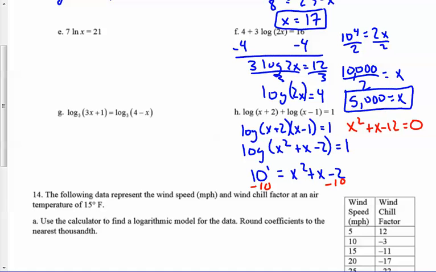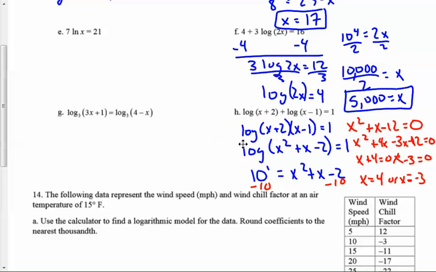And then I have to factor that to x squared plus 4x minus 3x minus 12 equals 0. So x plus 4 equals 0, x minus 3, if I factor it. So x equals negative 4, or x equals 3.